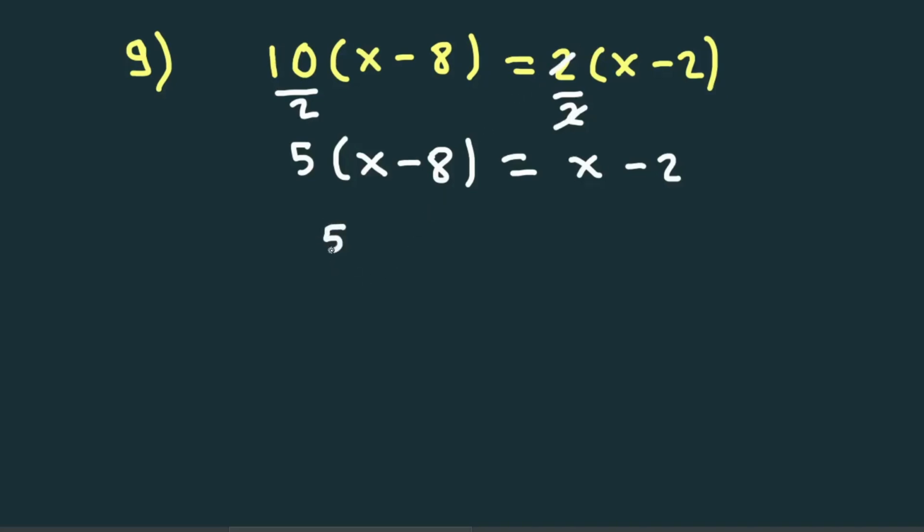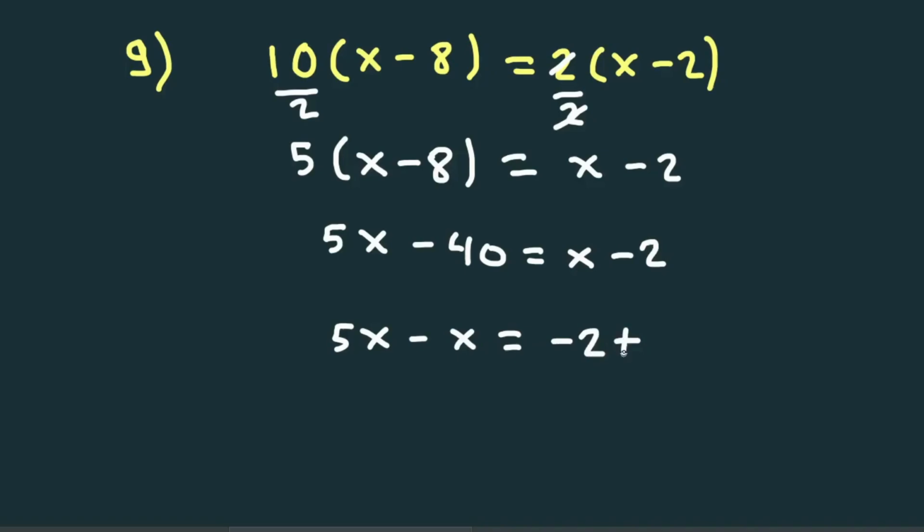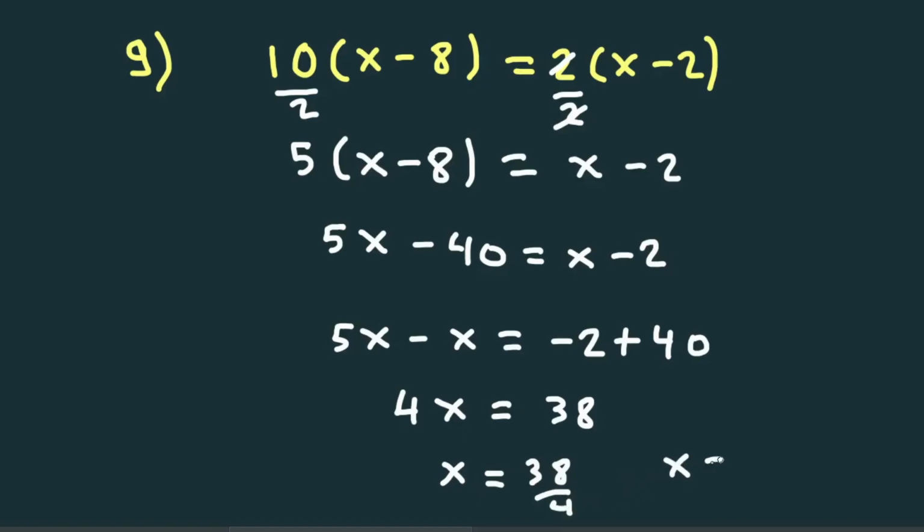And here I have 5x minus 40 equals x minus 2. I bring the x's to the left side. 5x minus x equals minus 2 plus 40. So 4x equals 38, and x equals 38 over 4, which if I simplify it is x equals 19 over 2.